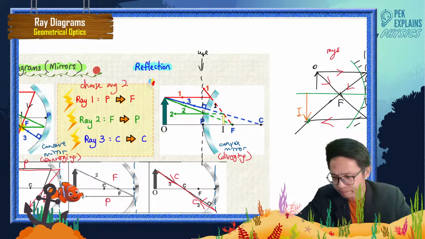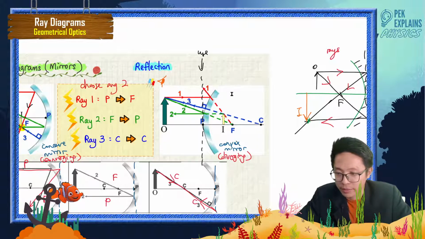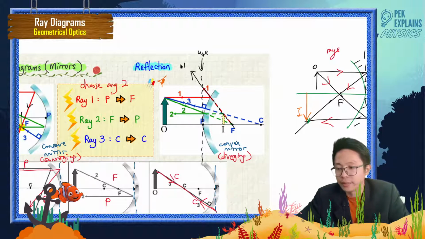It means that when my eyes are over here, looking at the mirror, what I see is this light, the first ray, which is this one. It comes from a straight line. I see it from my eyes over here.